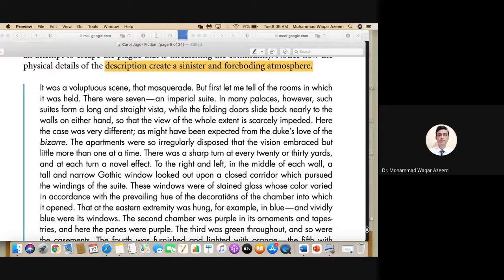Yes, students. What is the general impression you have of this setting? Anything that impressed itself upon your mind?